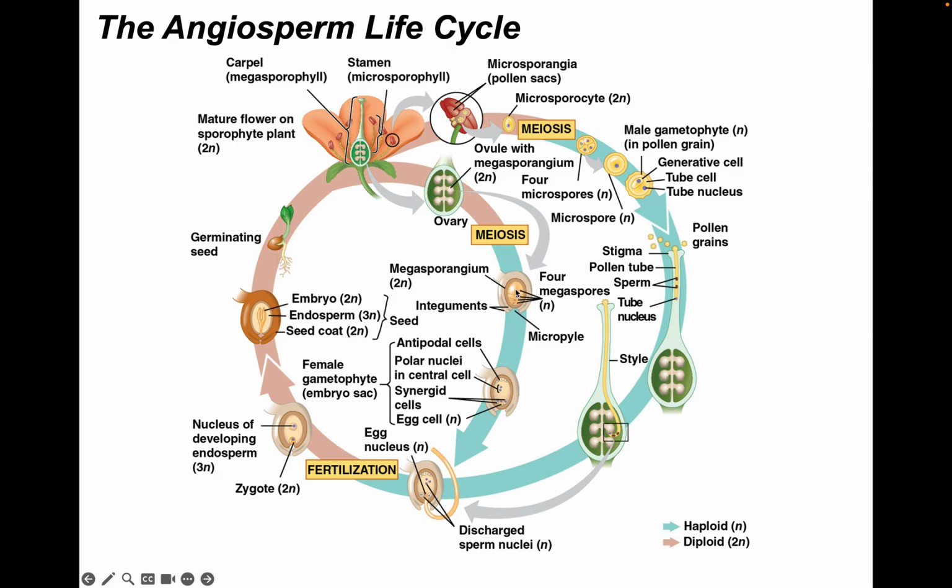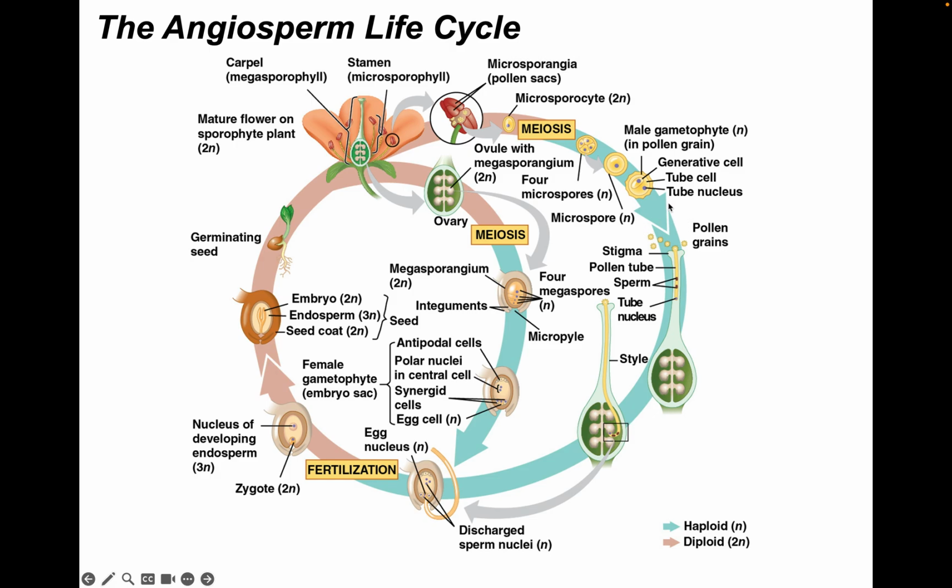One will become the dominant megaspore, which will become the female megagametophyte. The female gametophyte or the megagametophyte. That will have an egg nuclei, and we're now ready with a mature ovary and ovule inside the ovary.